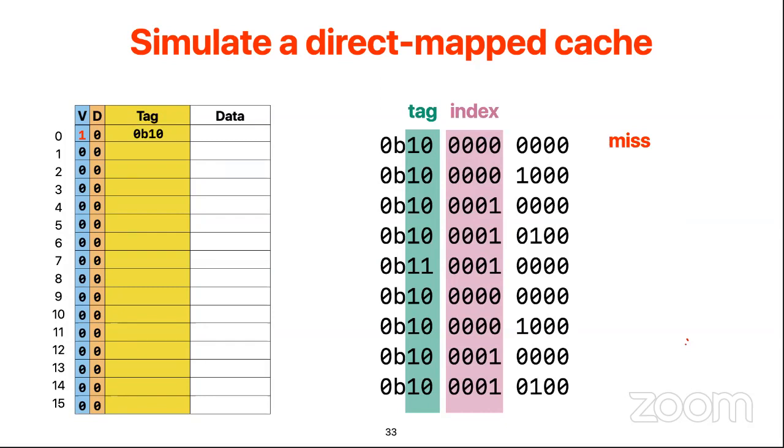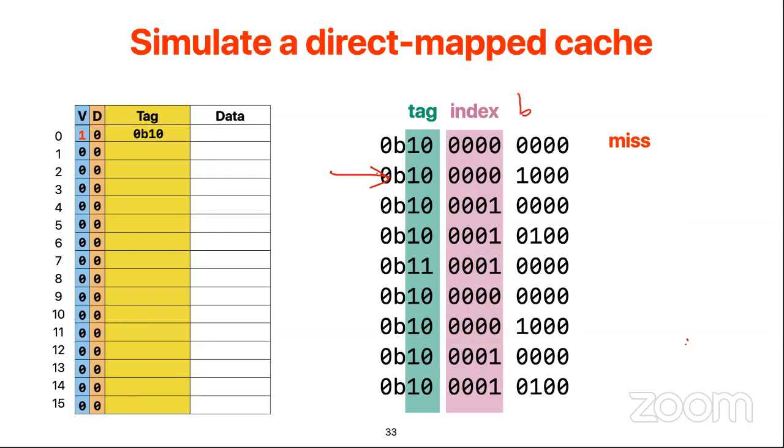Okay, so now for the next address, is it going to be a hit or miss? Wait, sorry, is the rightmost column the data? No, that's the offset. So it will look in the same row as before since the index is the same.